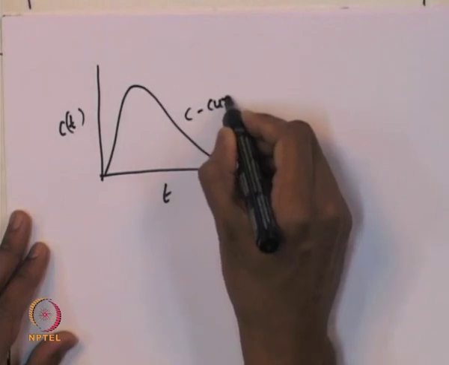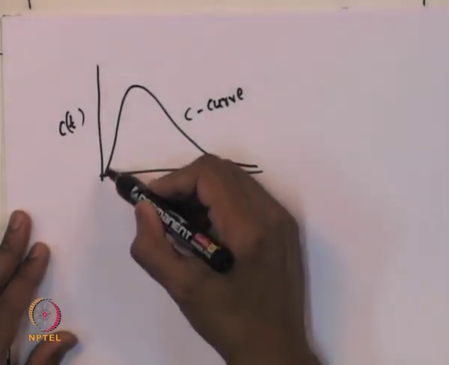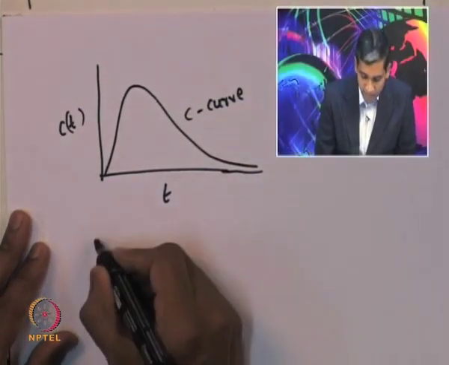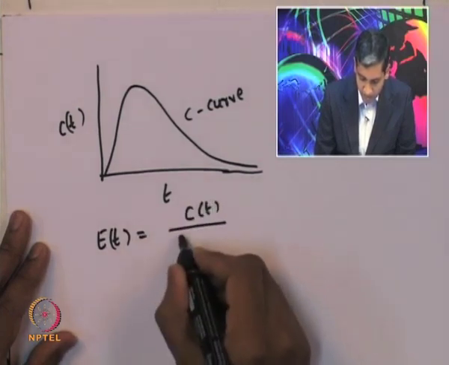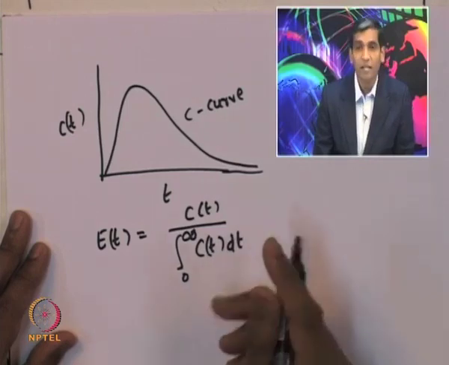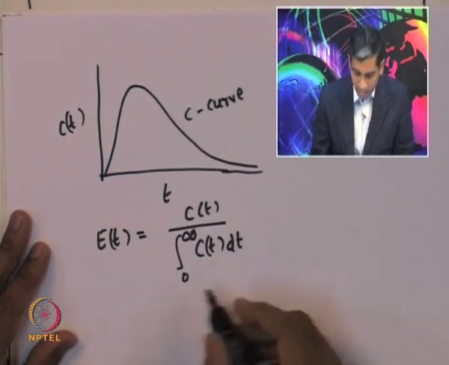This is the C curve, and the concentration curve has to be integrated. Remember that E of t is given by C of t divided by the integral from 0 to infinity of C of t dt, provided that the effluent volumetric flow rate is constant, there is no dispersion, etc.